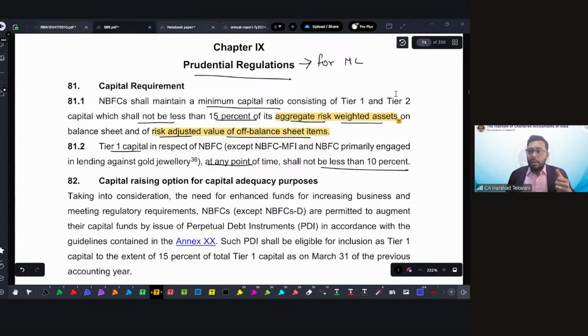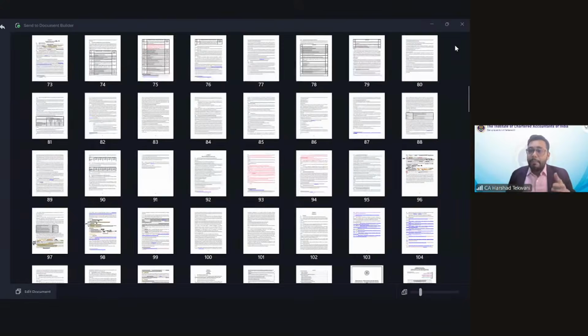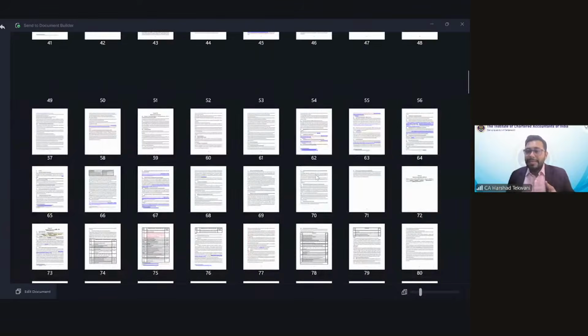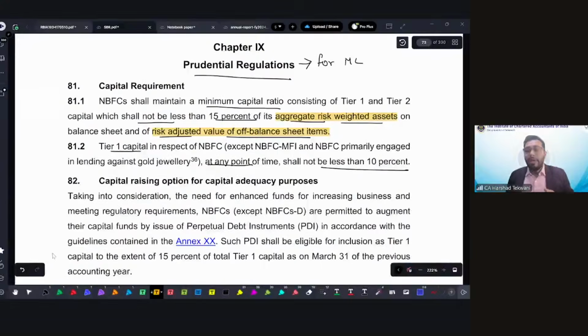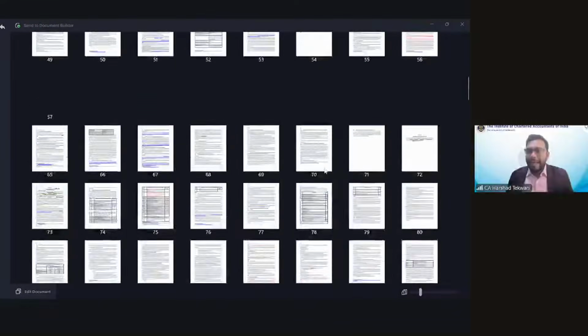So different categories have different ratios and different requirements that we need to understand. But what we need to understand is how to calculate them along with what this means. Then only will we be able to understand what 15%, 10% and 12% are, why they are there, and how they can be calculated in that scenario.